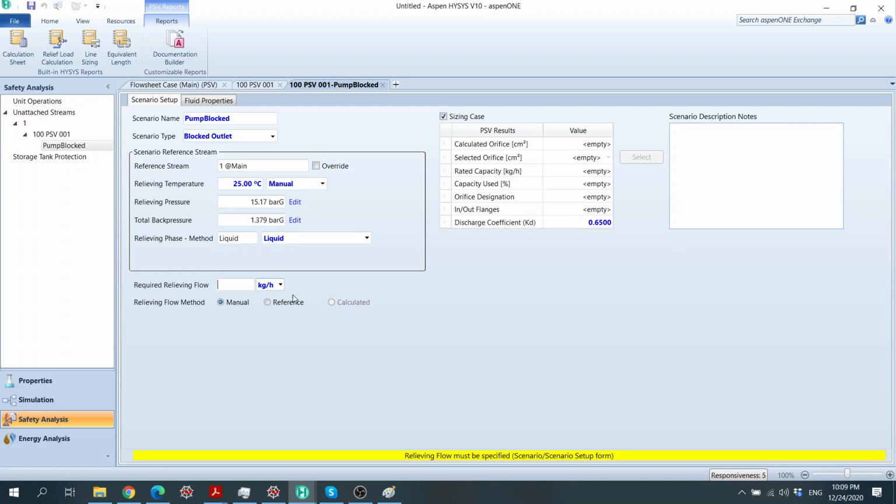Liquid, and then relieving flow is 200 gallon per minute. That means we have to do some math, but I don't like doing math now.